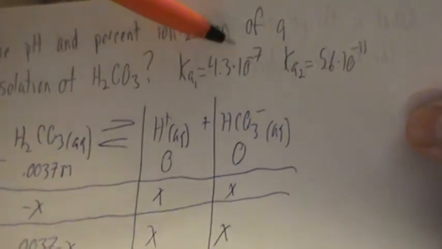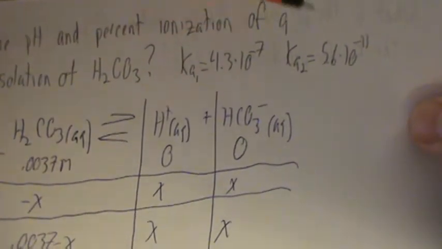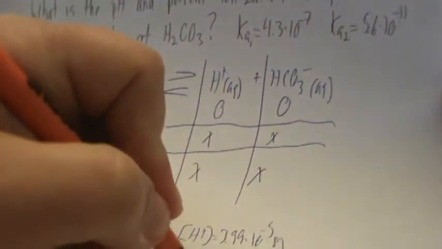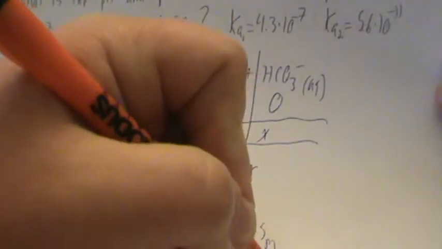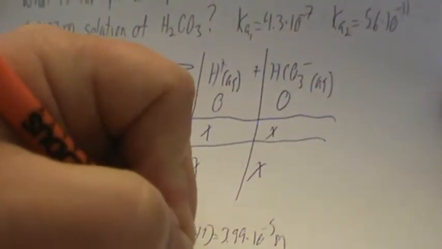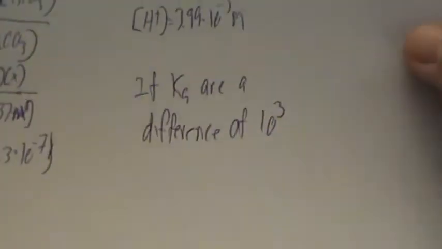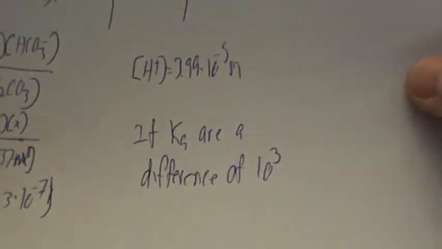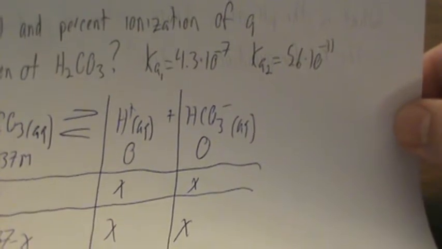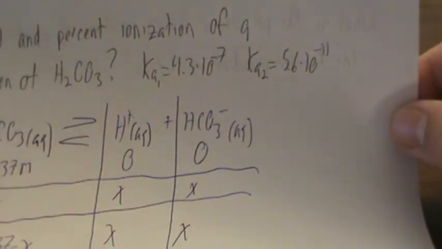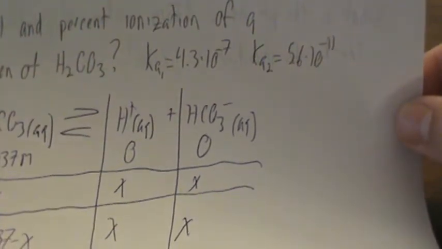But since our dissociation constants are pretty far apart, a difference of 10 to the third, we don't really need to set up another ICE table, because this is such a small number, we're not going to see a big change in the hydrogen ion concentration if we try to break apart that other one.